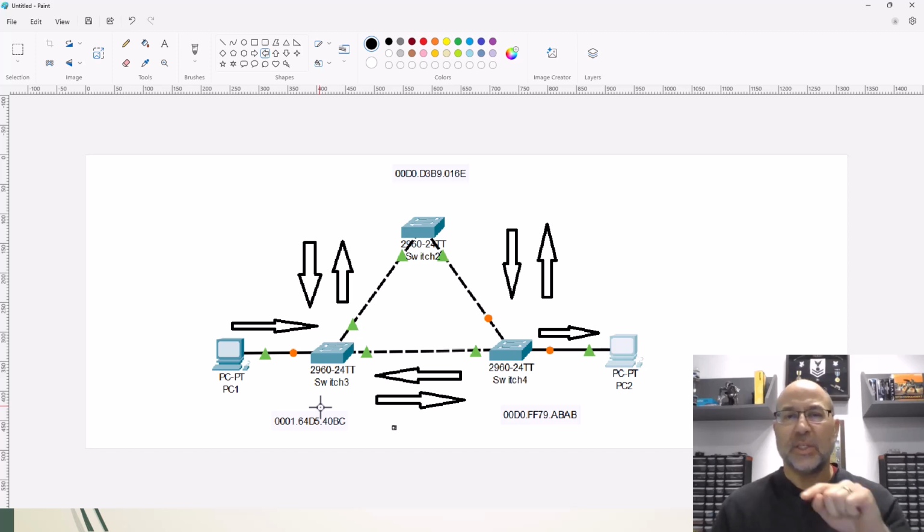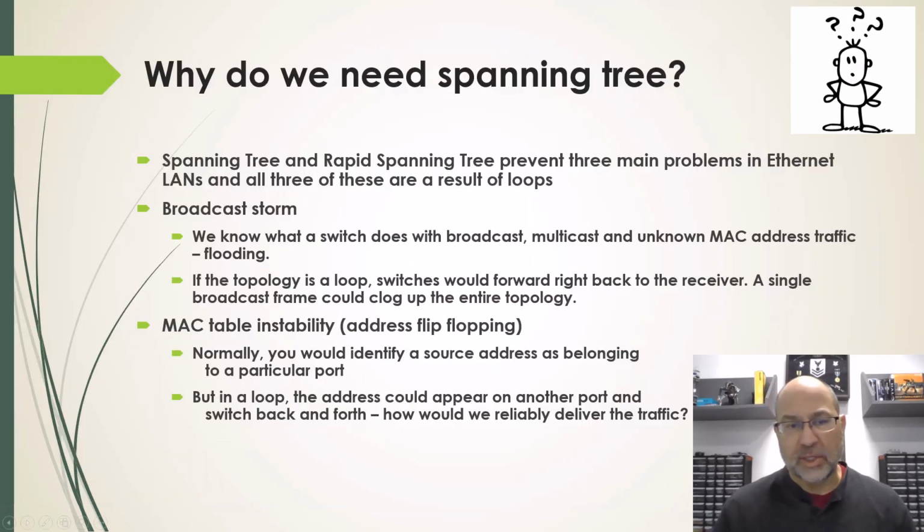This is the danger of a loop, and this is a broadcast storm. What would switch 3 do now? Well, it would send it right back to switch 4 and switch 2, but going in the opposite direction, and send it to PC1. This single broadcast frame could bring this network to its knees. So that was broadcast storm.